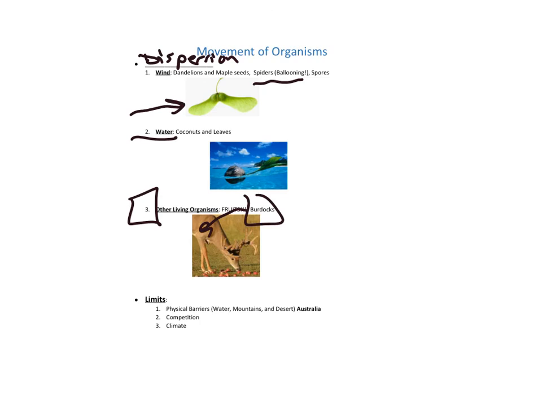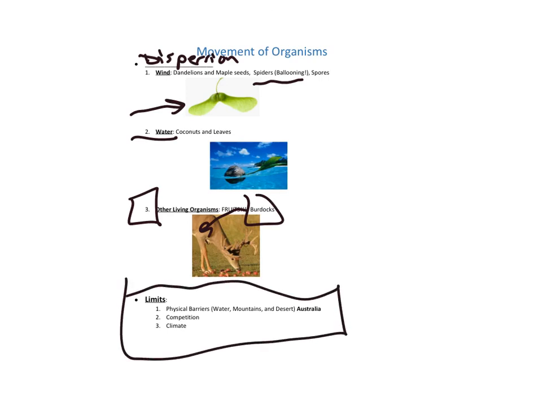All right. And of course, with the ability to move and disperse, we do have limits too. We have literal physical barriers. Mountains make it difficult for organisms to get around, or deserts to cross.